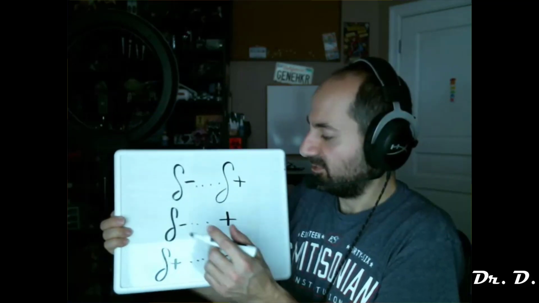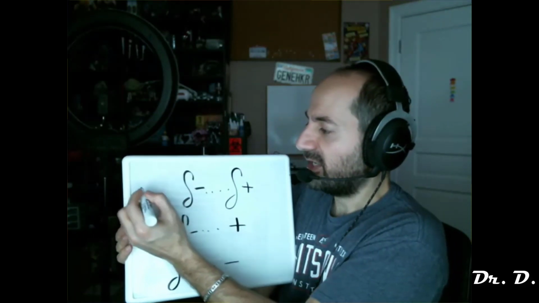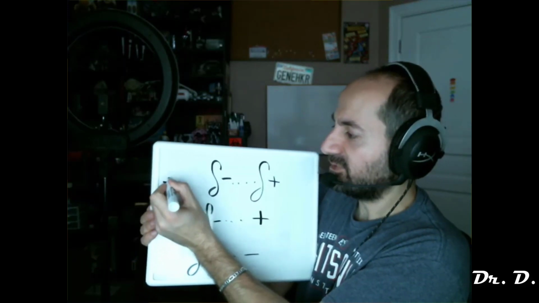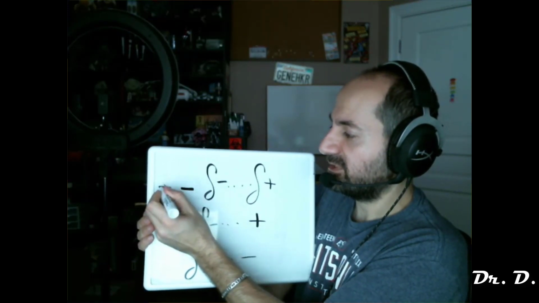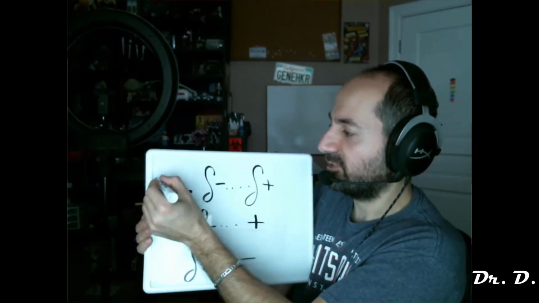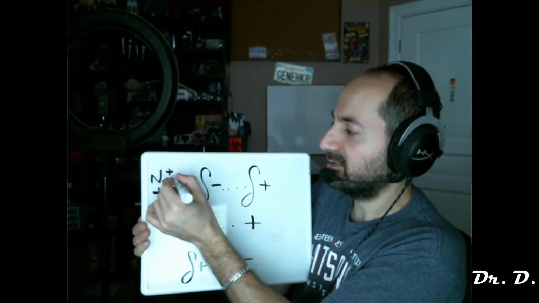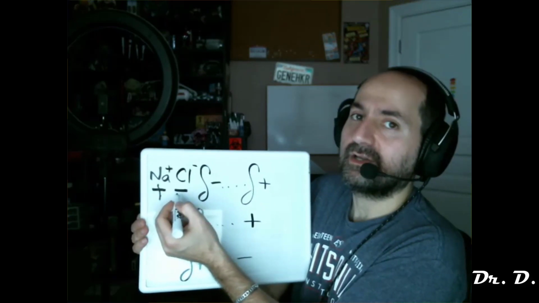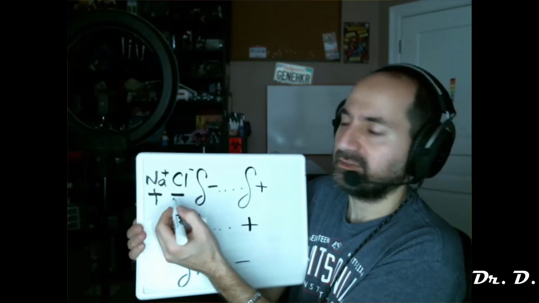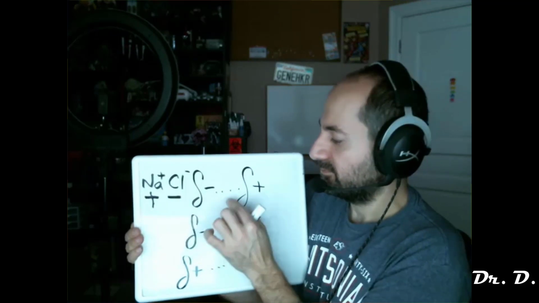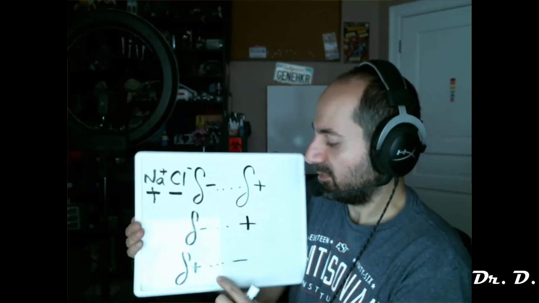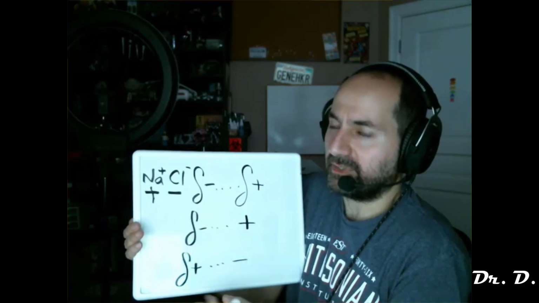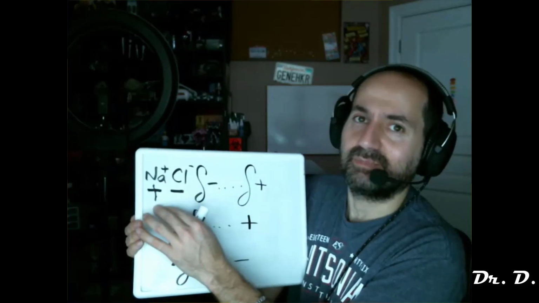By the way, look at this real quick. What's an ionic bond? An ionic bond is when a positive charge interacts with a negative charge. So if I have sodium cation with chloride anion, that's an ionic bond. That's a strong form of bond in chemistry. So what are hydrogen bonds? You can think of hydrogen bonds as very weak versions of an ionic bond, right?